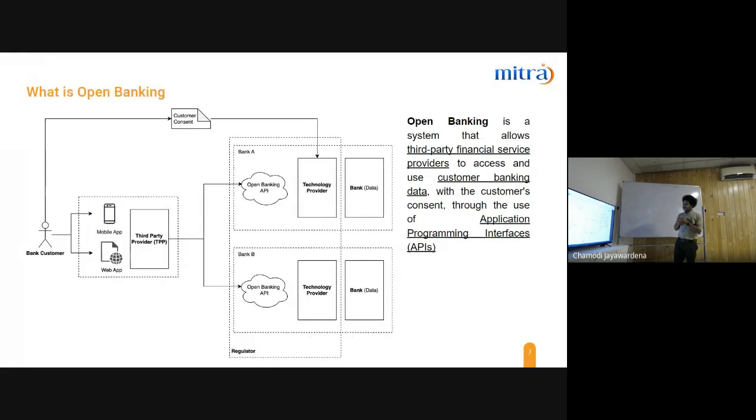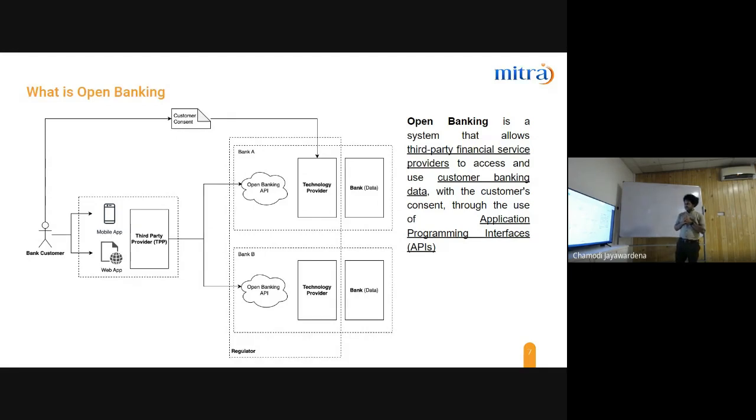So the third-party providers are the parties who consume these APIs and come up with innovative solutions. Maybe online payment channels, maybe account aggregation services, different payment services they can come up with. So the bank customer will consume this application. We'll discuss a certain example.